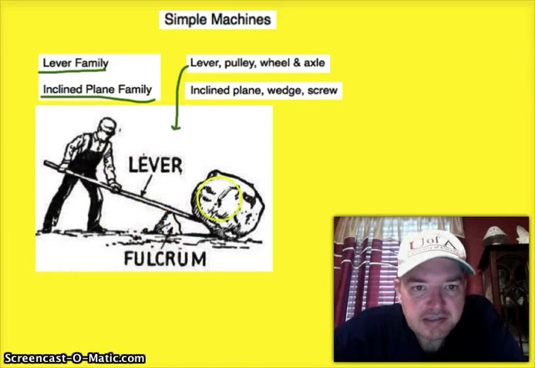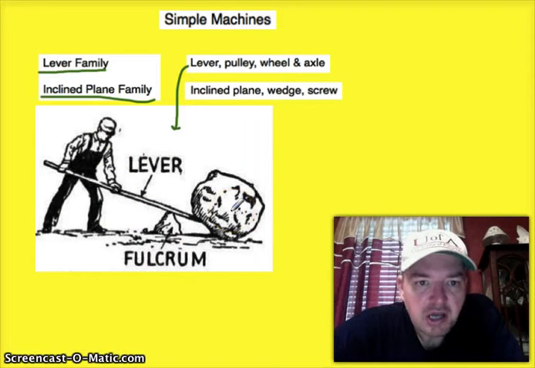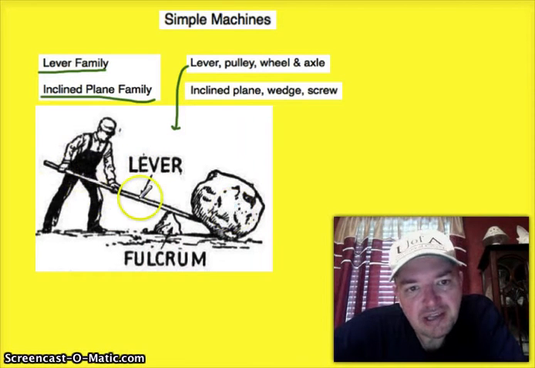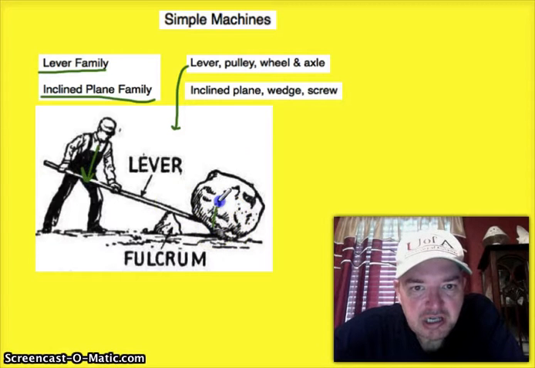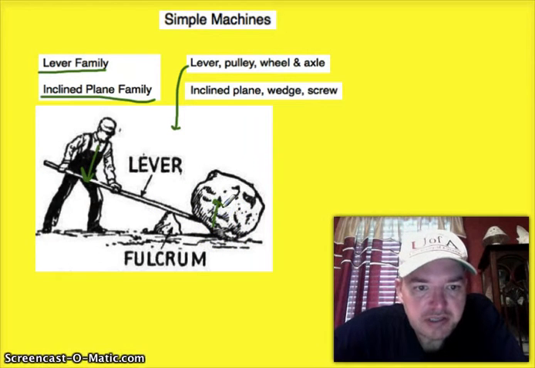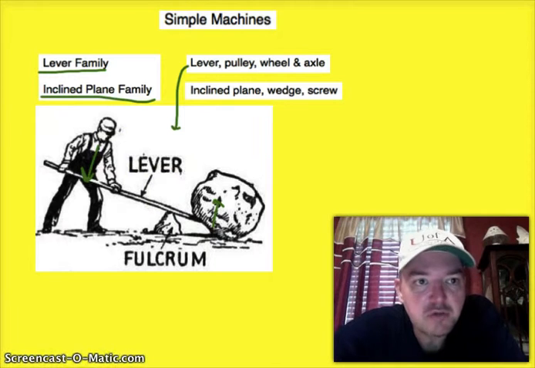Here this guy has no hope of moving this rock on his own, but with the help of a lever that he can place this way, he can push his force down and then that pushes up the rock. So it's a simple machine, probably even cavemen would have figured this part out about levers, and here we are today. I mean, it's one of the ways you can move things.